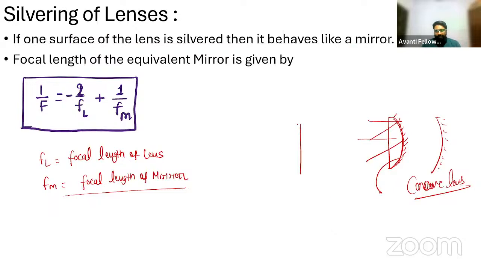But अगर ये वाली सरफेस के बजाय ये वाली सरफेस कर दी सिल्वर, तो it is behaving like a plane mirror. ठीक है. क्लियर है? So according to the situation you can calculate the value of equivalent focus, और जब आपको फोकस मिल जाएगा तो you can easily calculate the power.